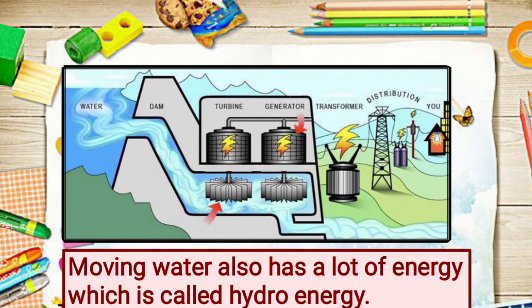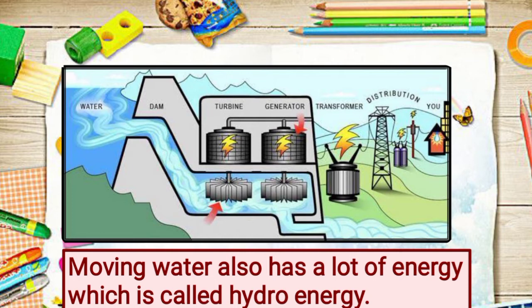Now let's understand about water energy. Moving water, like any moving substance, has energy, and many natural processes like weathering of rocks and pebble formation are due to moving water. We use this energy of moving water even to produce electricity.